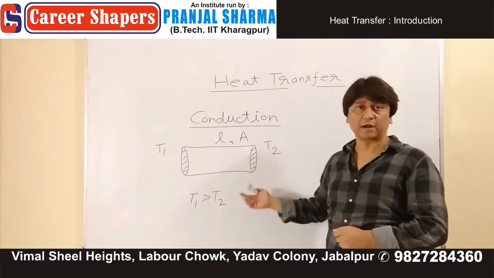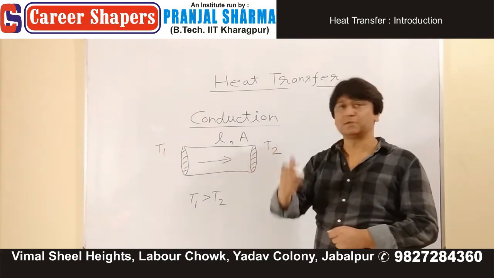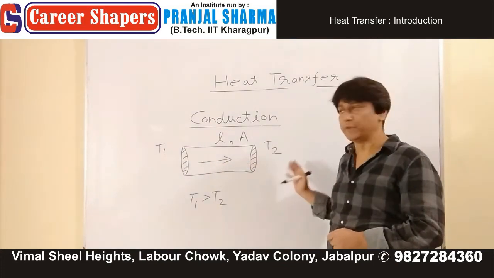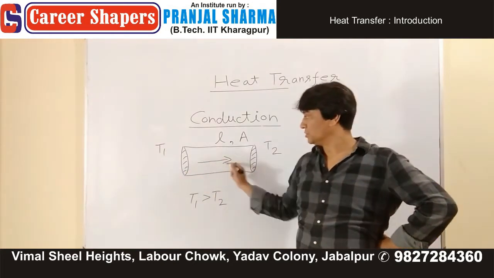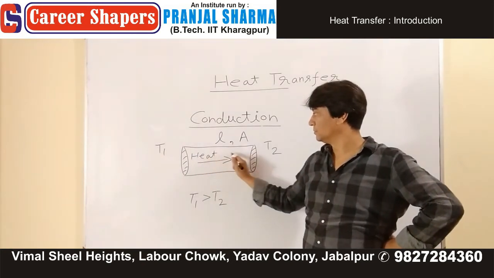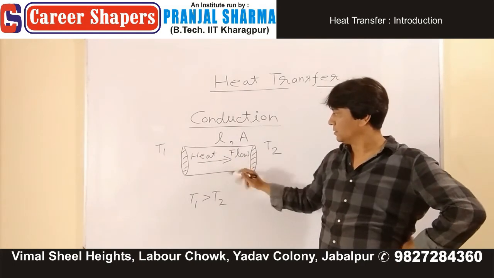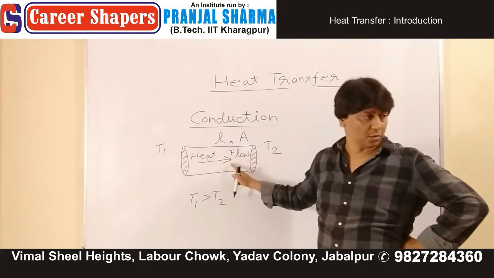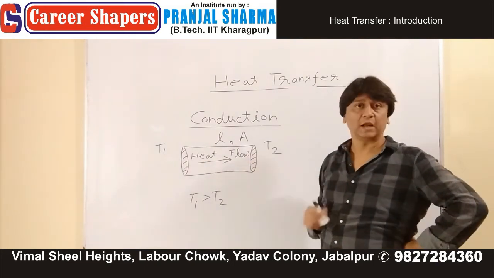If T1 is greater than T2, then everyone will understand that heat is going to flow in this direction, from high temperature to low temperature. This arrow shows you what? Heat flow. The arrow gives you the direction of heat flow.